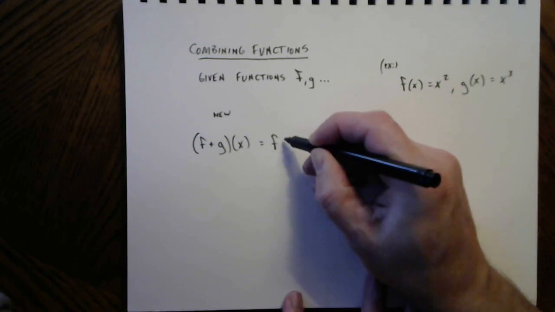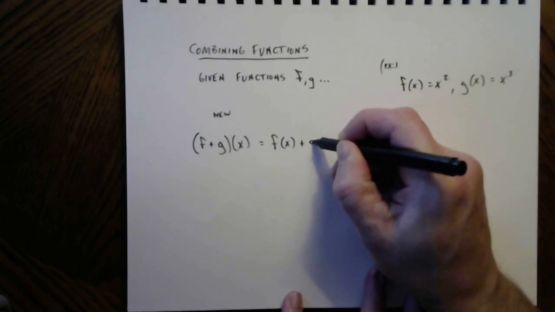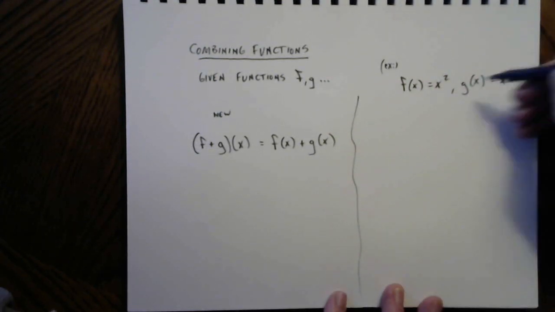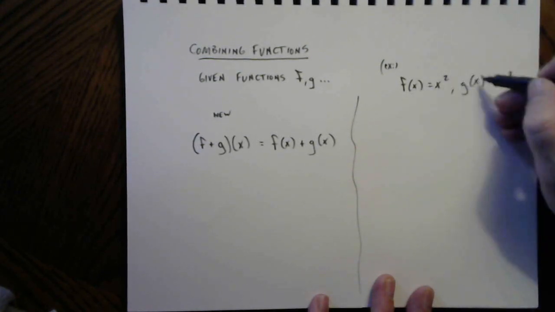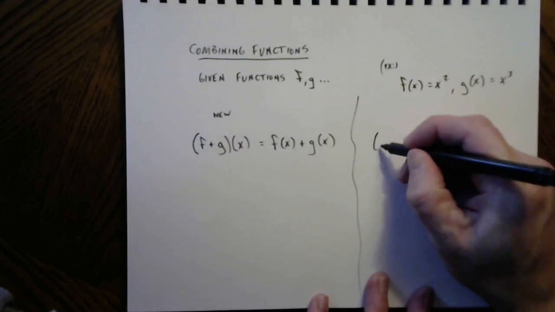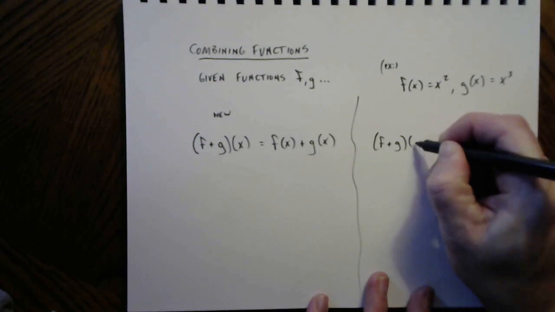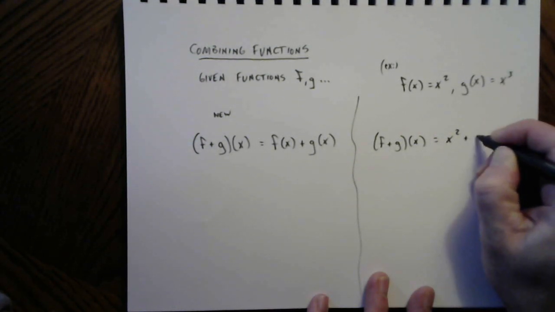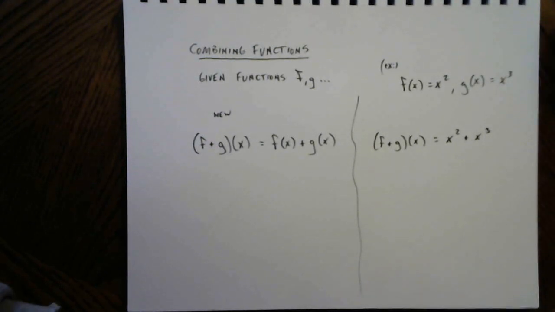And what is this? Well, it's exactly what you would probably guess, and we're just going to add them together. So if these are my two originals, well, this weird looking function f plus g of x is the sum of these two. And of course those don't combine.